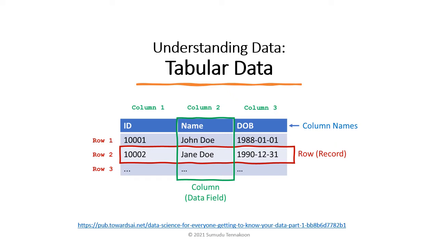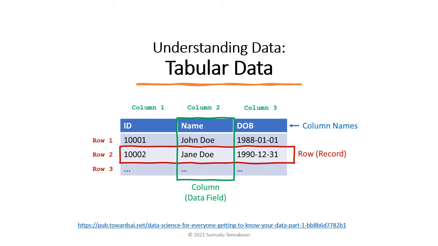In tabular data, a row we can identify as a record. So if you are thinking of people data, or data about multiple people, a row consists of data about a person. For example, in this case, we have 3 columns: an ID column, a name column, and a date of birth column.